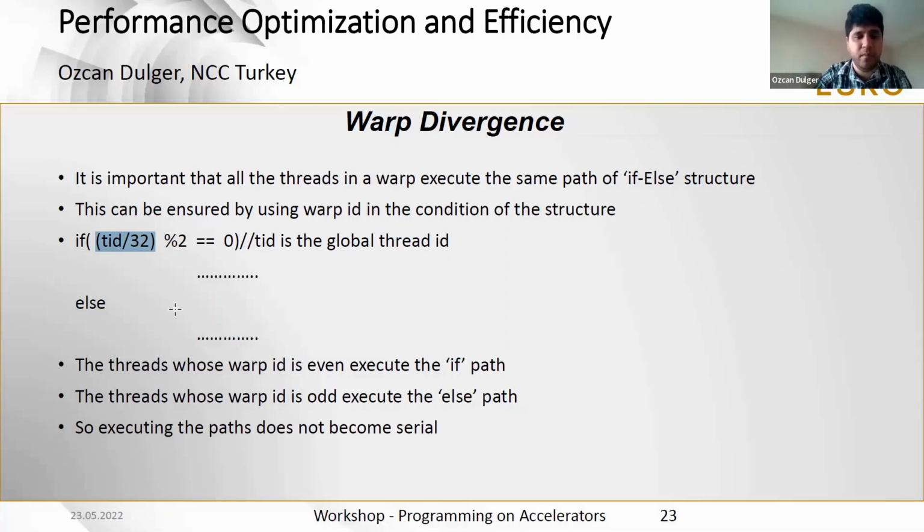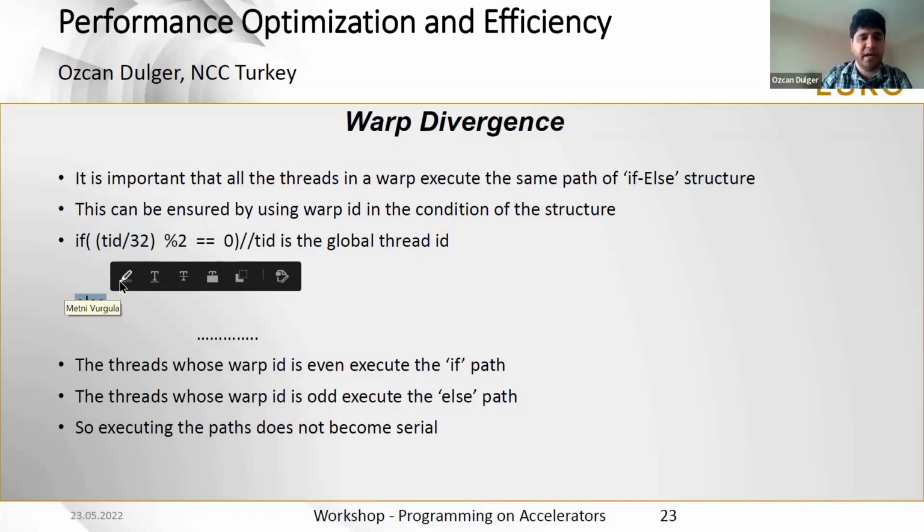In this scenario, the threads whose warp ID is even execute the if path, and the threads whose warp ID is odd execute the else path. So executing the paths does not become serial with this approach.